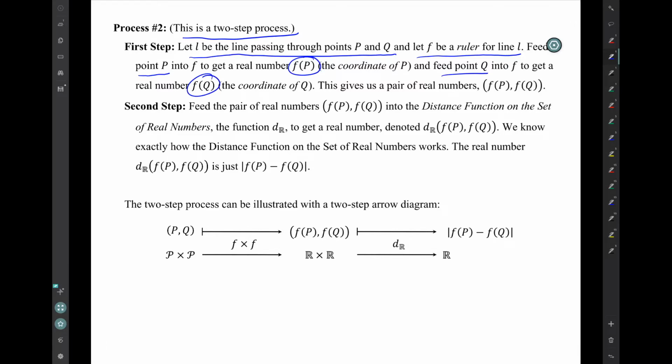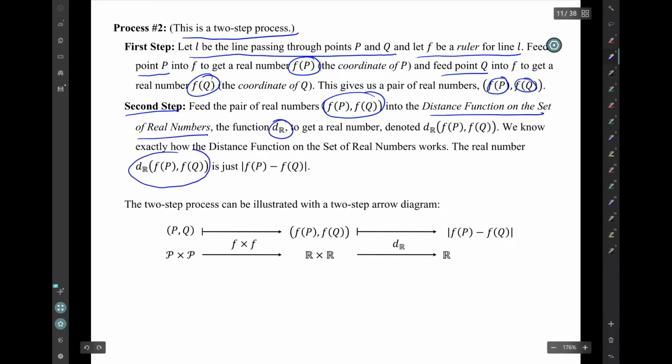So now we have a pair of real numbers, f of P, f of Q. Now the second step is to feed that pair of real numbers into the distance function on the set of real numbers, that function d subscript double-struck R. Now when I do that, I get this. The distance between those real numbers is computed that way.